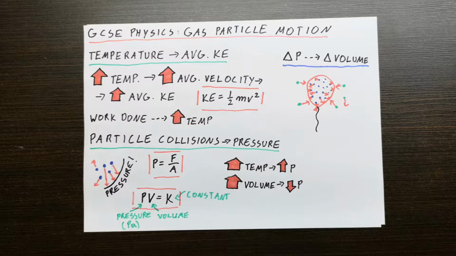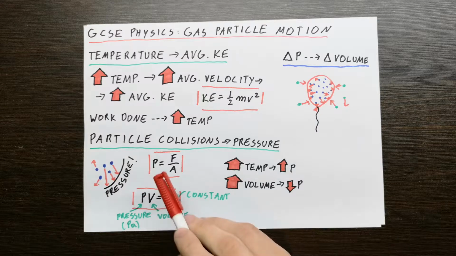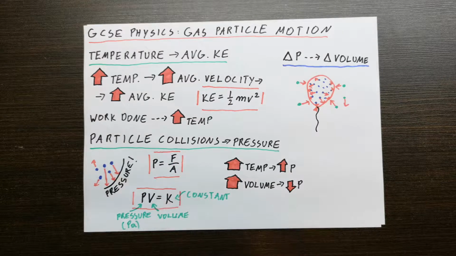These particles hitting the side of a container which has a certain area, exerting force on it. So P is equal to F divided by A. That's what pressure is.